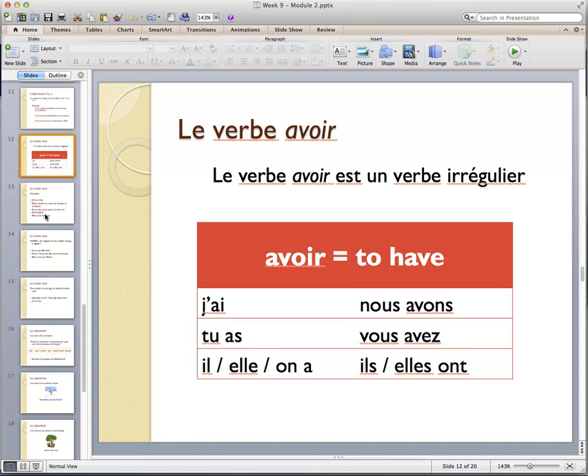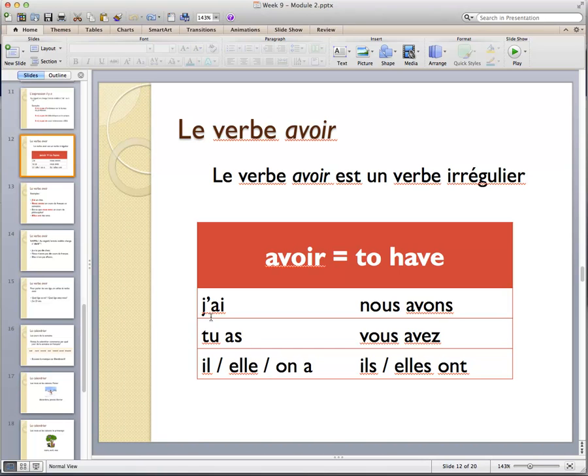With the er verbs, I could take any of them: danser, manger, écouter, regarder, étudier, and simply take off the er and use the same endings, e, es, e, ons, ez, ent, on any of the verbs to conjugate them. That's not the case here with avoir, and that's why we call it irregular. It is literally one of a kind. There's only one verb that's conjugated this way, and here's how it goes.